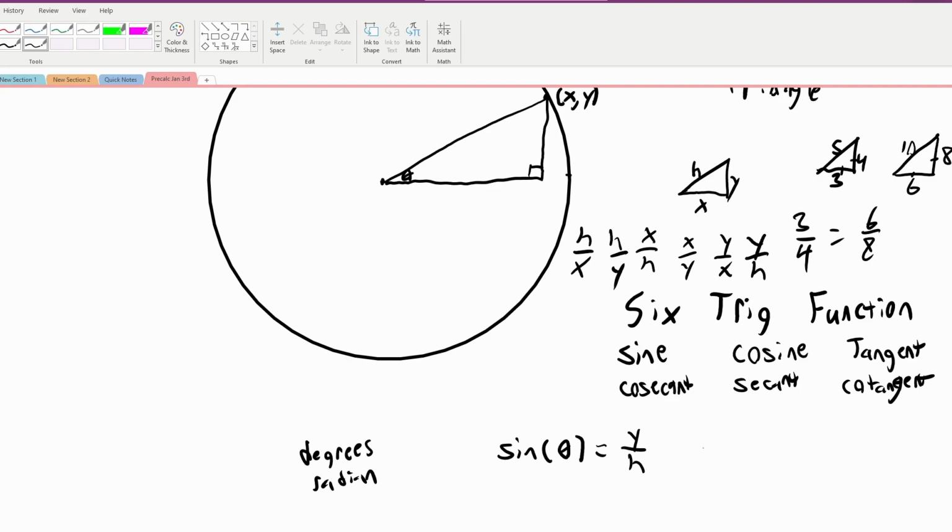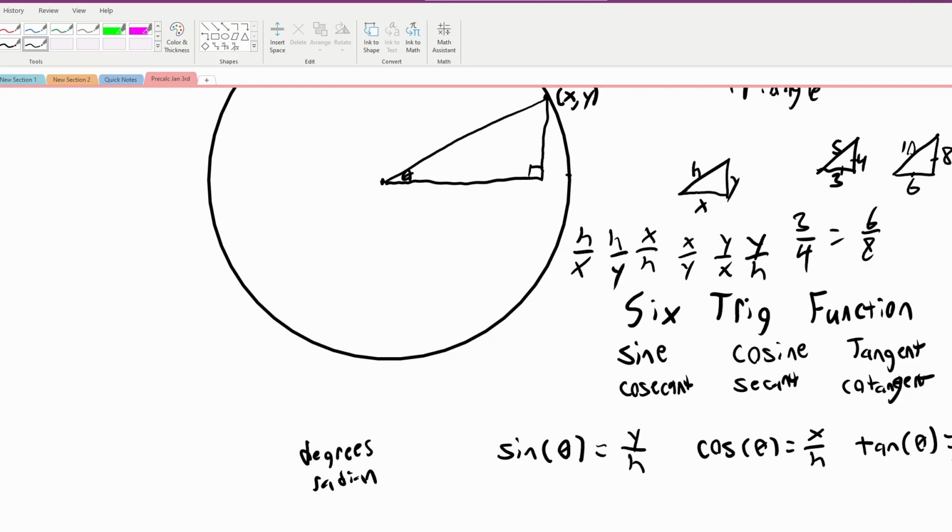Now, cosine, which looks like cos, also takes in an angle and now uses instead of the opposite side or the y coordinate, it's going to use the x coordinate over the hypotenuse. And the tangent, written as tan on the calculator, will take in an angle and output a ratio of the opposite side, or the y, over the x.